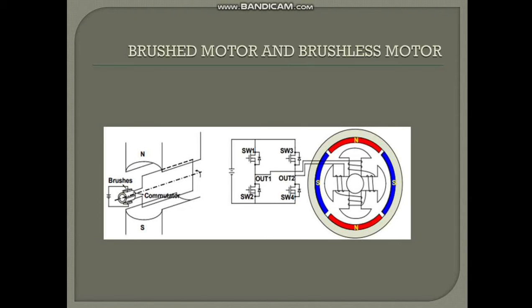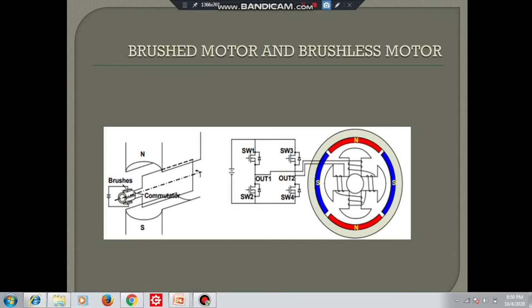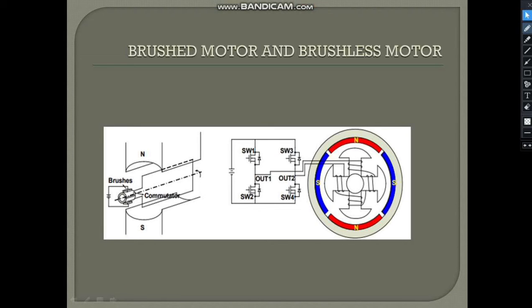There are some differences between brushed motors and brushless DC motors. In brushed motors, brushes are present and commutators are also there. This is the permanent magnet.